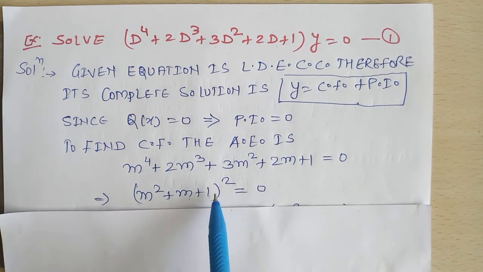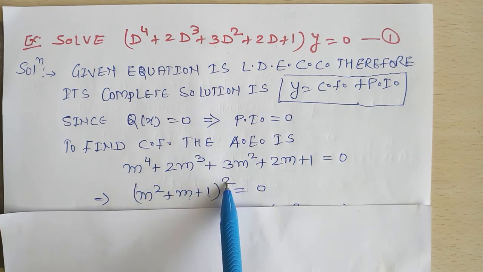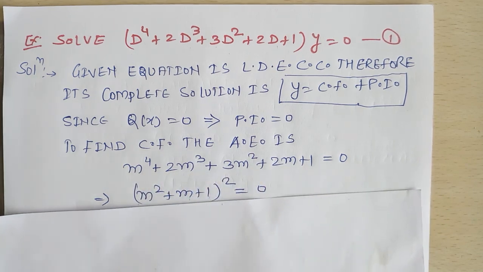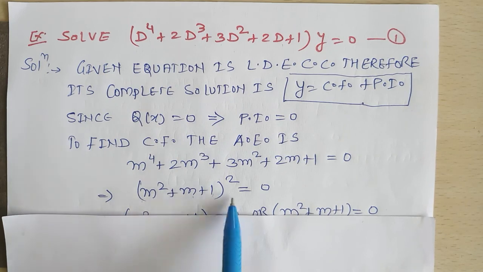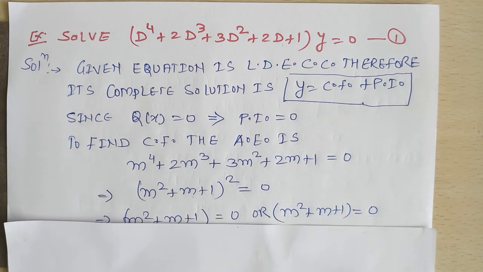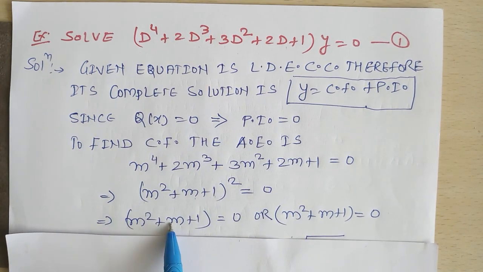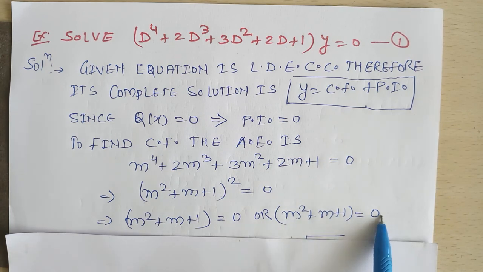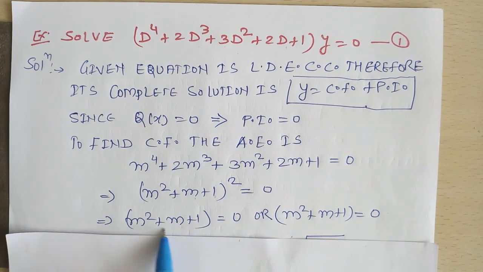We expand m square plus m plus 1 whole square and we get this result. Now there are two parts, m square plus m plus 1 into m square plus m plus 1 equal to 0. So either m square plus m plus 1 is 0 or m square plus m plus 1 is 0.